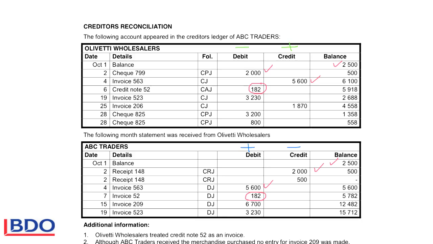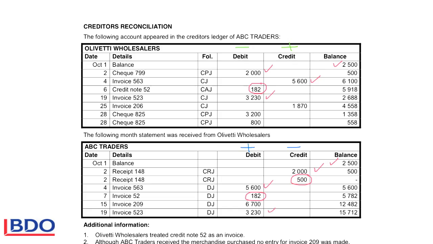The first mistake was the 500 that is not on Olivetti Wholesalers' account in the creditors ledger. Then the 182 is on the same side. Then we see there's an entry for 3230, and it is again on the same side.